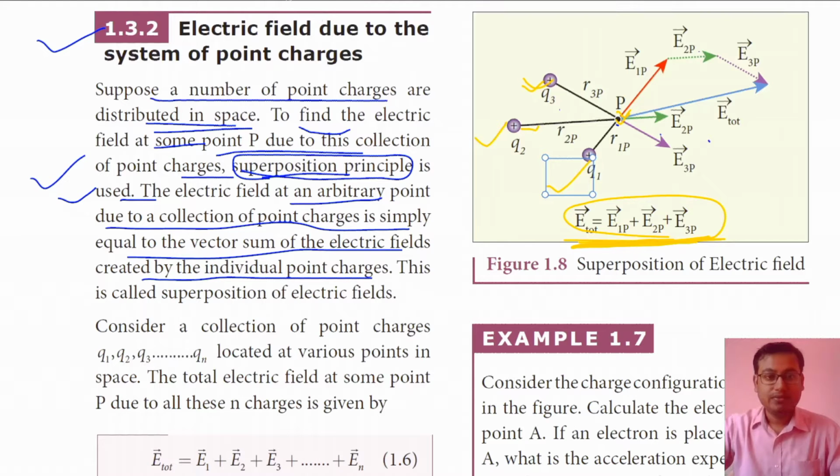If we have a lot of charges, q1, q2, q3 up to qn, in that situation the total electric field at any arbitrary point P is given by the vector sum of the electric field at that point because of all individual charges. This is the electric field due to the system of point charges. I hope you have understood this well.